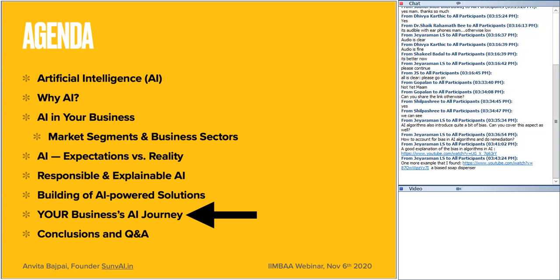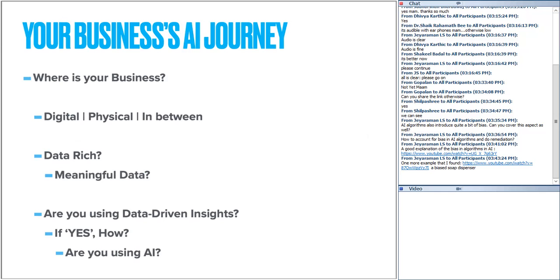So very briefly, I covered some of the points where we understand how and when AI will not work, and how we take care of that when we are designing solutions. Now, talking about the AI journey of your business, these are the few points you have to see when deciding when and how to apply AI.